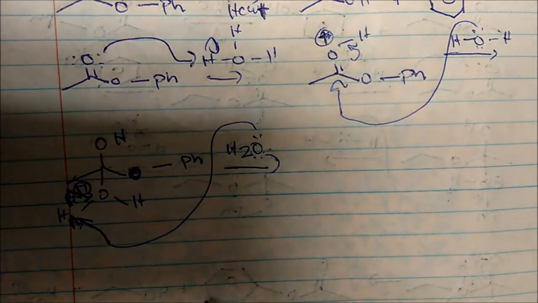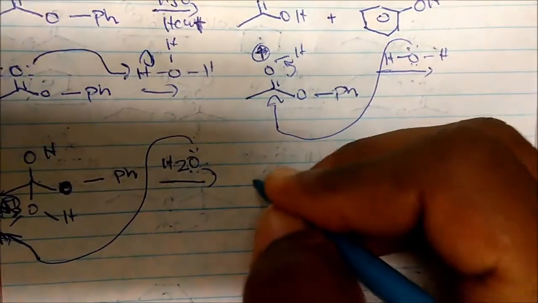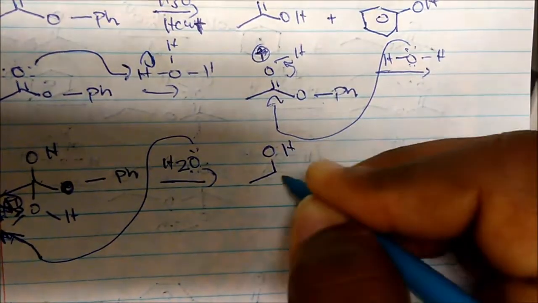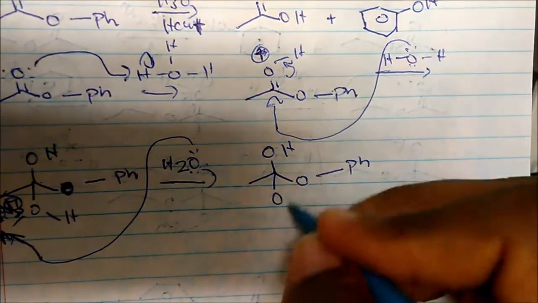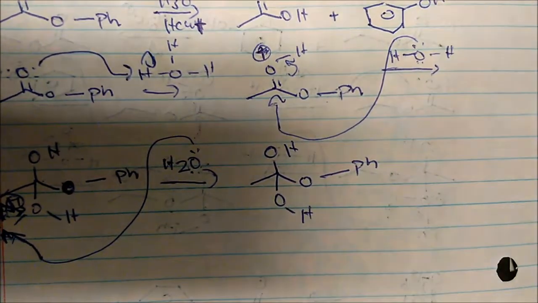I'm trying to make sure you can see my arrow here. So give the oxygen the lone pair. And so the molecule will neutralize. So we have an OPh, and now we have an OH.